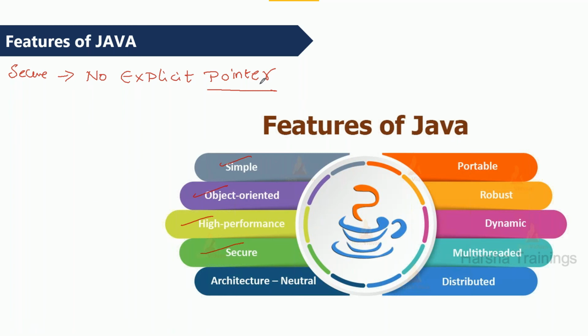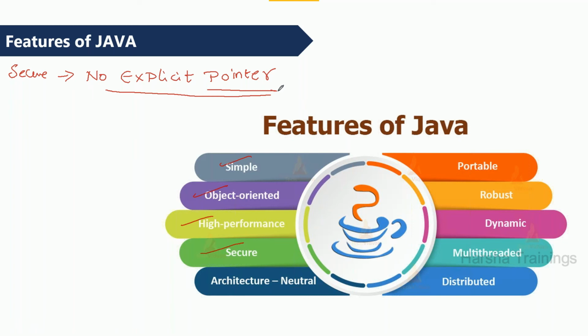Once you know the pointer, you can hack the address. But in Java, there is no concept of pointers. If there is no concept of pointers, then it is not possible to retrieve the address. So Java is a secure language.